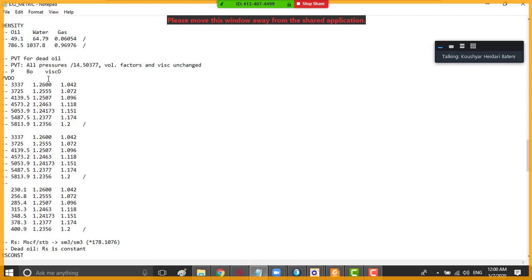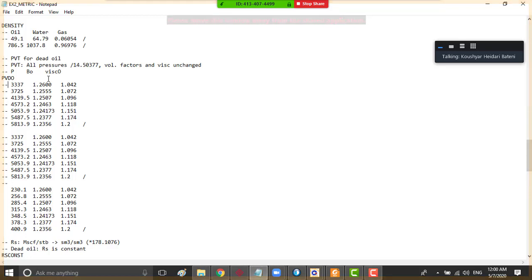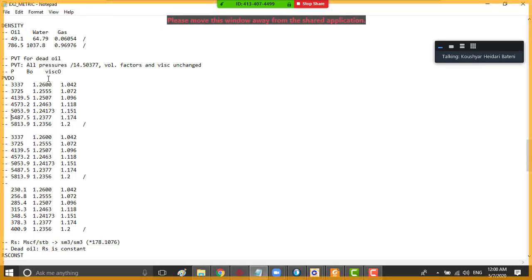Now, if you refer to the reference manual, you're going to easily see that the first column of this keyword is going to give you various pressures, okay, as you see, in the order of 3,000, 4,000, 5,000.